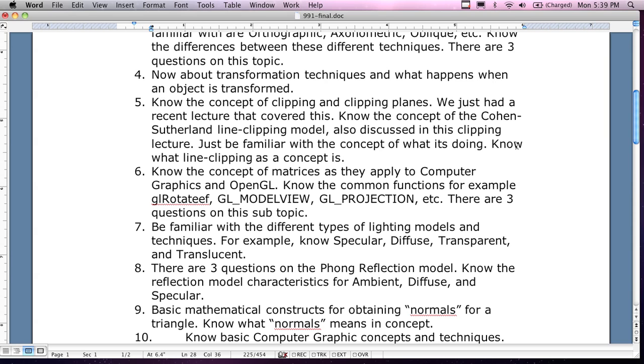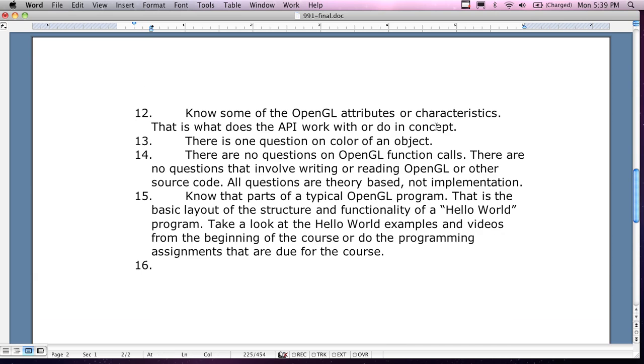Okay, so number 24. Hidden surface removal. So I'm going to go down to the bottom here. There is one concept question about hidden surface removal. Which of the following is not an object space hidden surface removal algorithm?